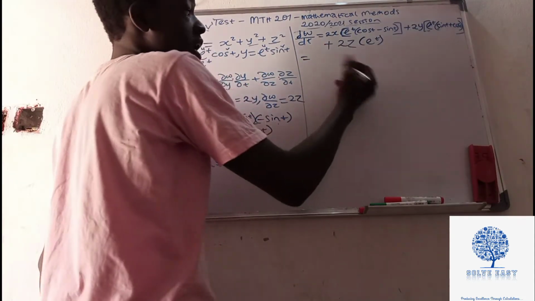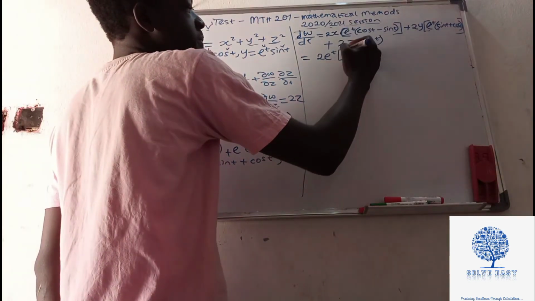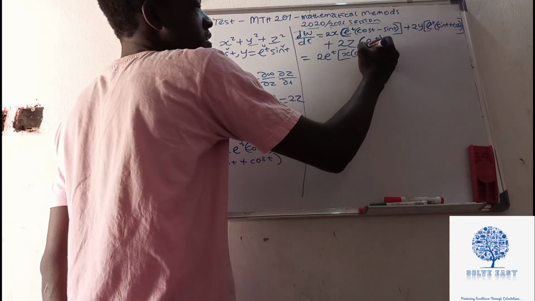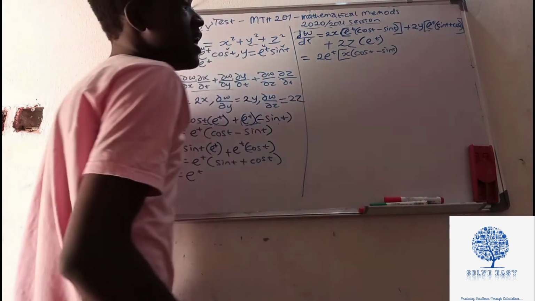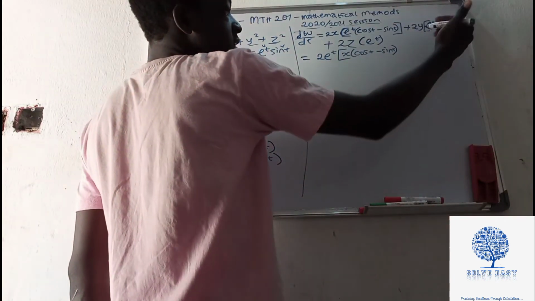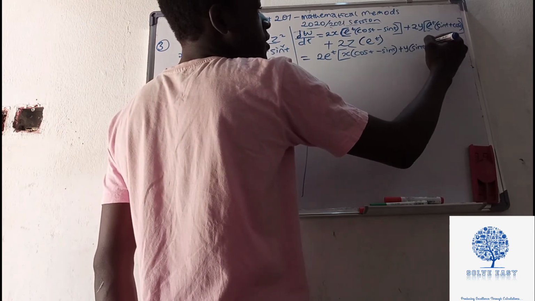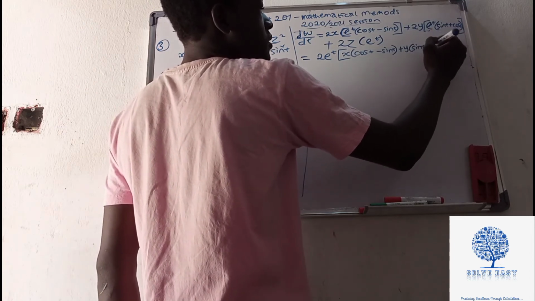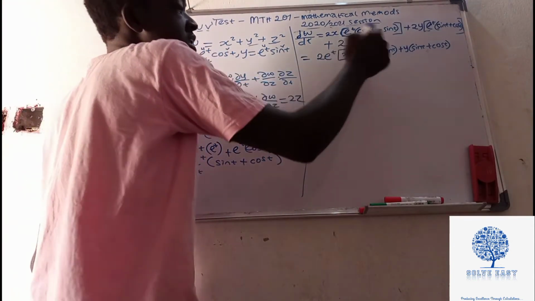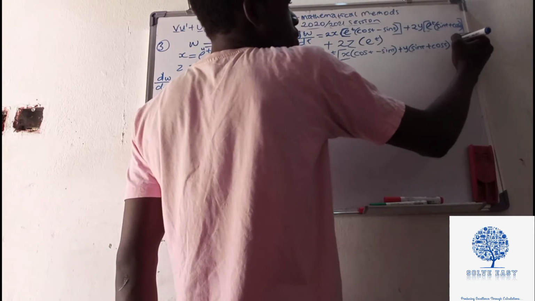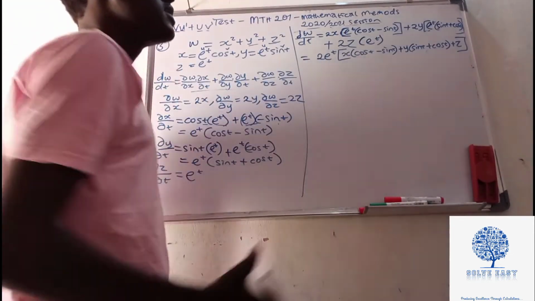This gives us 2e^t, and we are left with x (cos t minus sin t) plus y (sin t plus cos t) plus z, and this is what we have at this point.